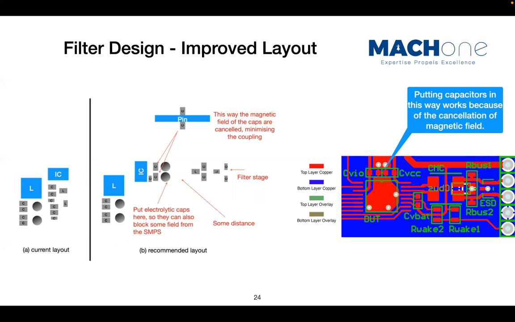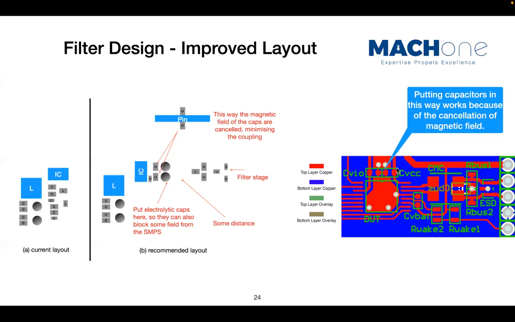You look at the input stage, you have L and C and L and C, that creates lots of resonance circuits. But having an electrolytic capacitor with larger ESR will help damp the system well. And the third benefit is that electrolytic capacitors all have an aluminum can, a metal can structure, so they block some of the near-field fields. So these are the benefits of this new filter layout design, right?